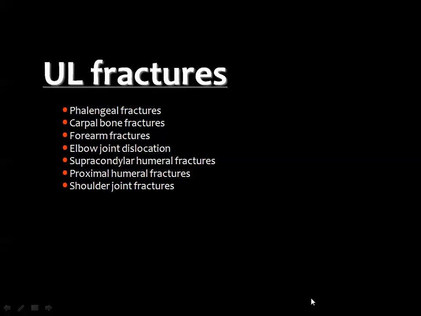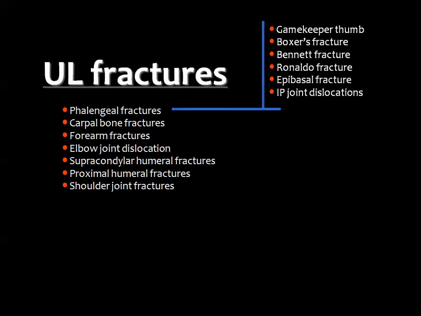We have finished with this introduction, and now we are going to discuss the fractures affecting the upper limb. We will discuss some of the phalangeal fractures, including the gamekeeper thumb, boxer fracture, Bennett fracture, Rolando, epibasal, and interphalangeal joint dislocations.